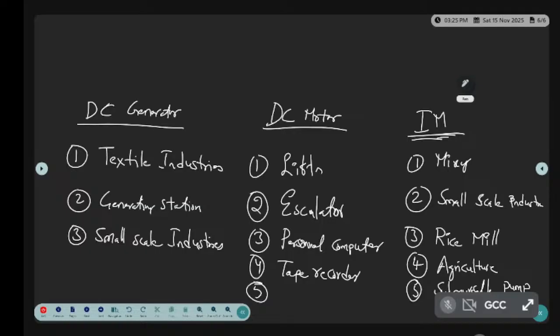Okay, so for alternator application, you write down generating stations. First one, generating stations. Second one is general use. For example, an education institution, we can use it. Okay, multiplexes you can use.